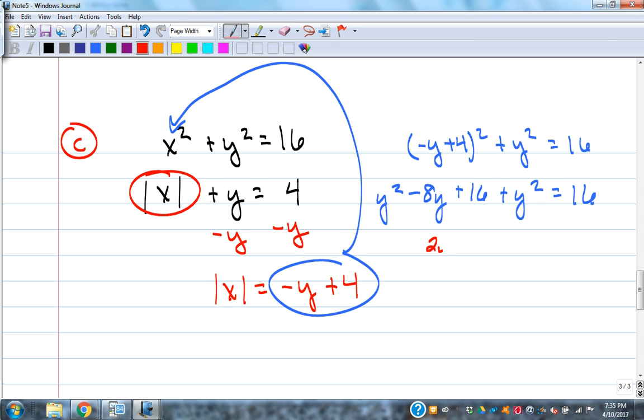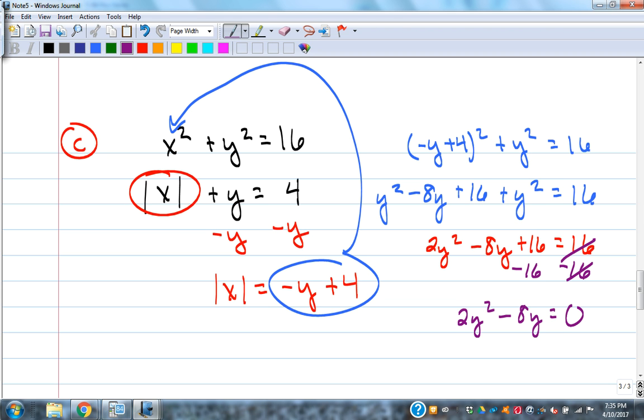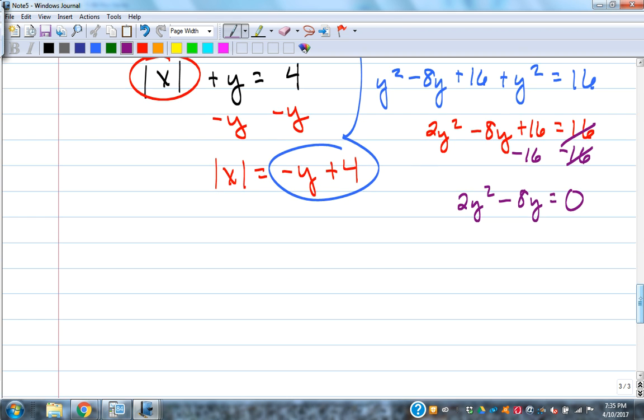So that's going to be 2y squared minus 8y plus 16 is equal to 16. It's got a y squared in it, so what's it got to be equal to? 0. So I move the 16 over. Turns out that cancels out to get me 2y squared minus 8y equal to 0.